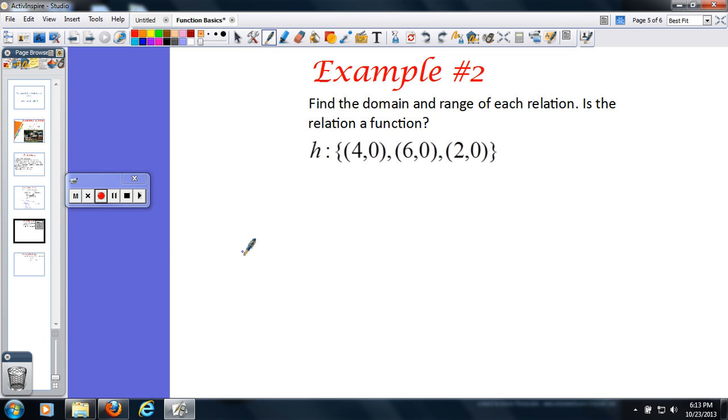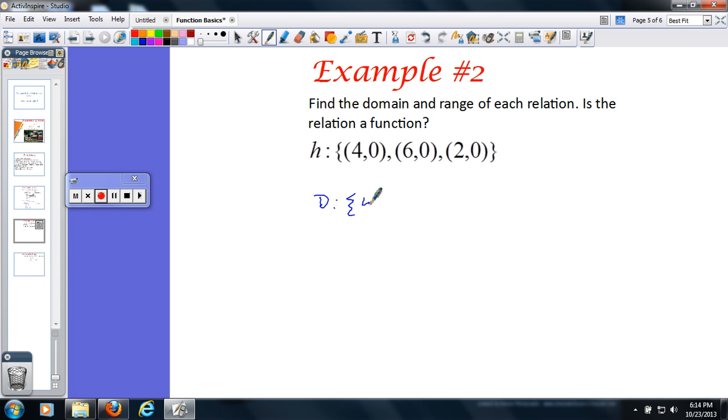And then again, this is going to go back to domain and range. It says find the domain and the range of each relation. So you're just going to write it. My domain, let me actually erase this little circle, is the set of all x values.